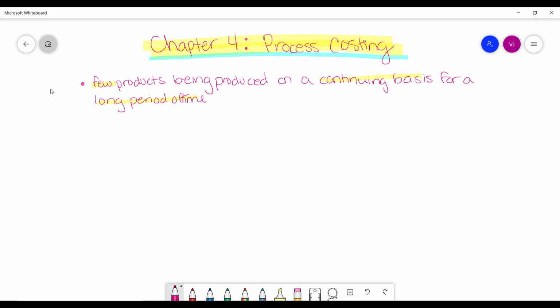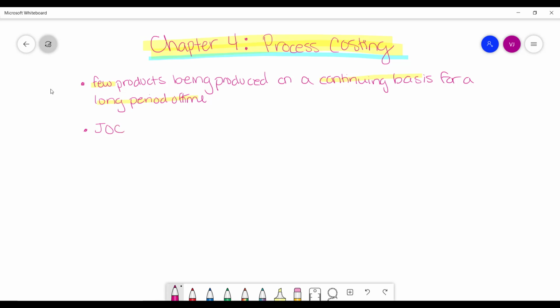So think of maybe a pencil manufacturer or anything that is homogeneous and produced in large batches on a continual basis.